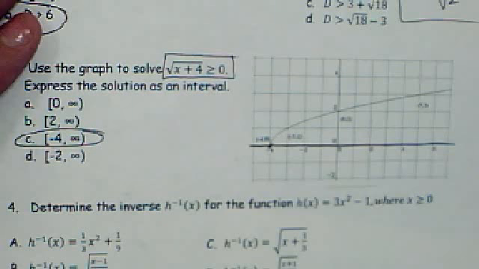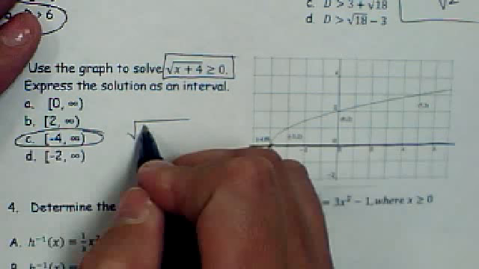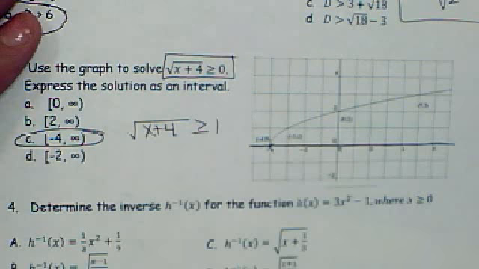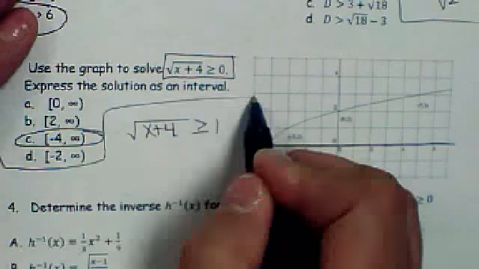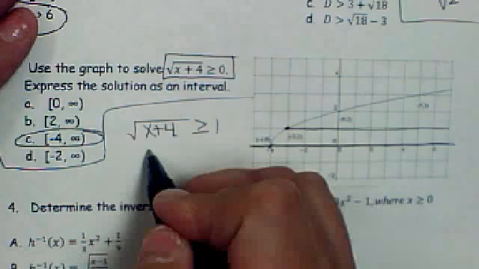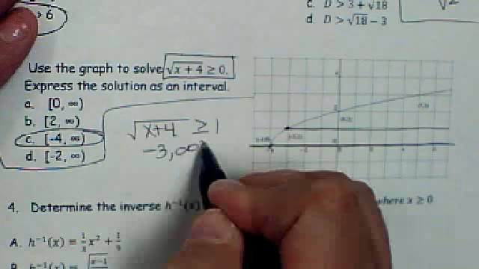If I wanted the square root of x plus 4 to be greater than or equal to 1, so I'm adding to this one, so you need to make sure you write this down. If I add this problem in, the square root of x plus 4 to be greater than or equal to 1, I find where it equals 1 and greater than or equal is above it, and that goes from -3 to infinity.